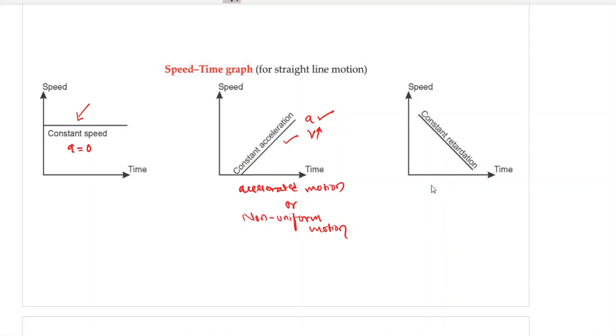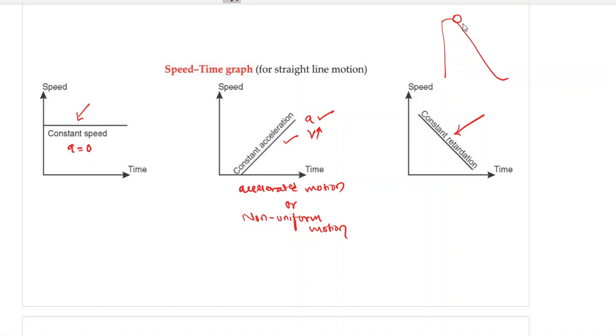The third graph is about constant retardation. If the graph or the line is like a slide, have you seen a slide? A slide like this, where you are going to slide down. When a body is on a slide and sliding down, imagine it's constant retardation.